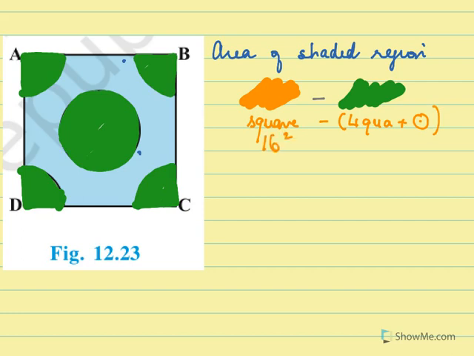Area of square we saw was 16 square, minus green area was 44 by 7, and when you work this out you will get the answer as 68 by 7 centimeter square. So this is the area of the shaded region.